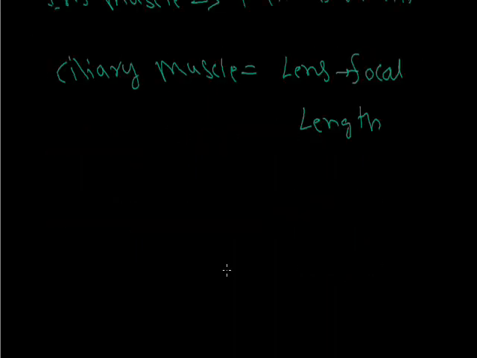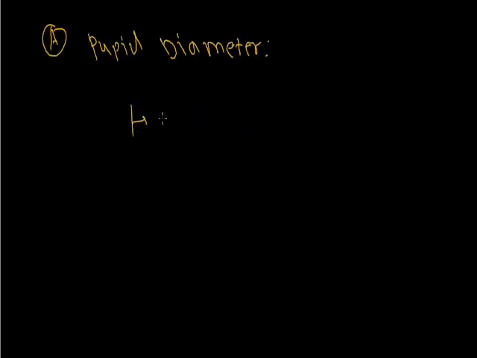So now we discuss pupil diameter. How is pupil diameter controlled by the iris muscle? The iris has two muscles: radial muscles and, second, circular muscles.